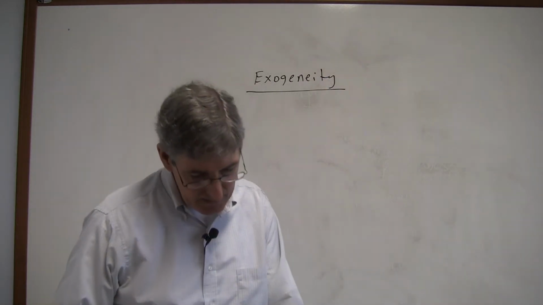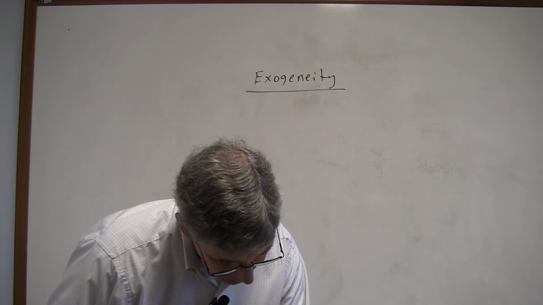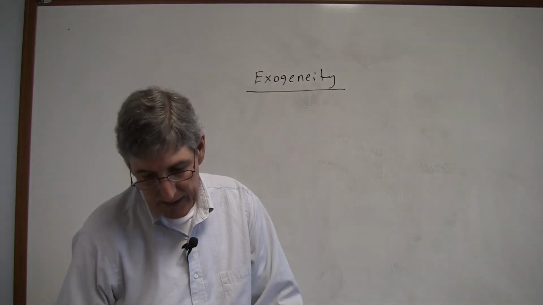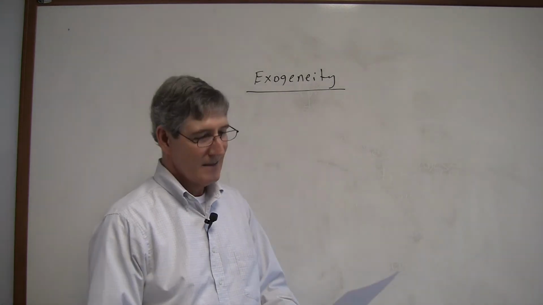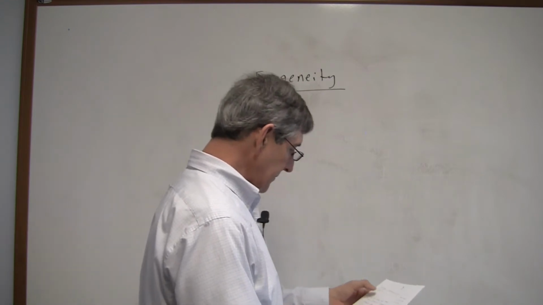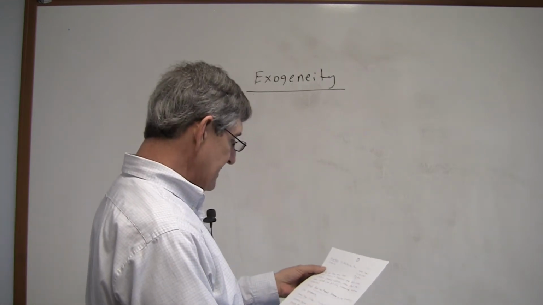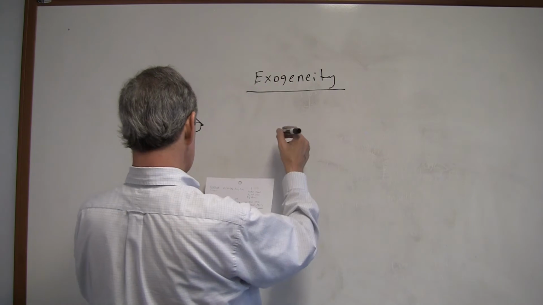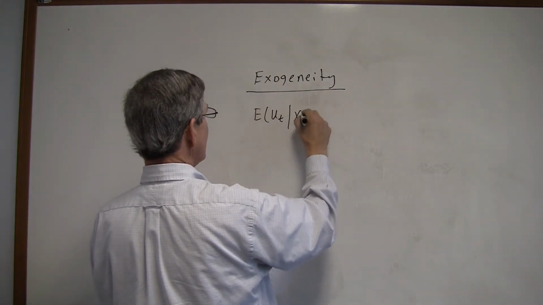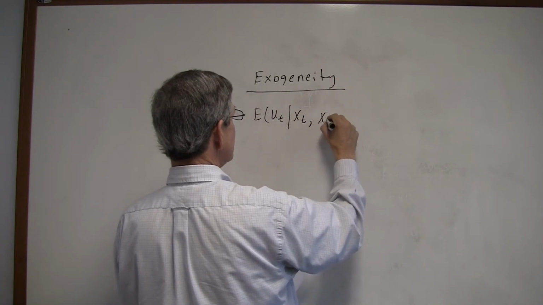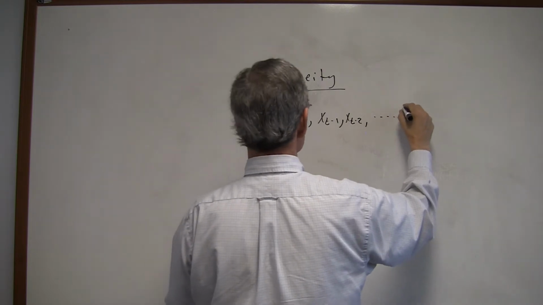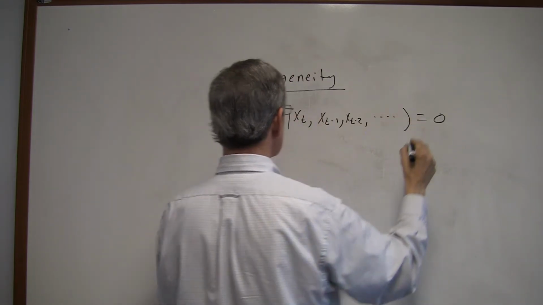So we need exogeneity for the coefficients, as always, to be unbiased and consistent, or at least consistent. But there are two types of exogeneity that can happen. The first type is that the expected value of ut given xt, xt minus 1, xt minus 2, and so on equals 0.